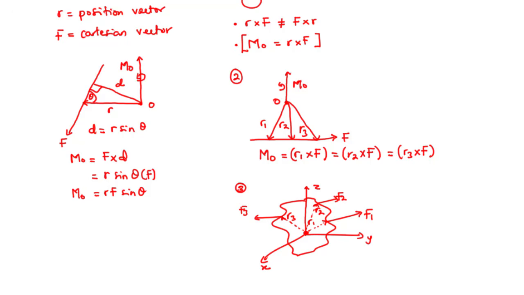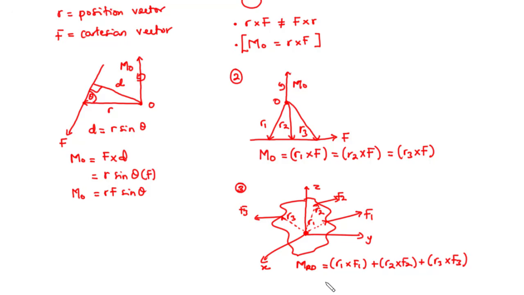Now, if you want to find the resultant moment acting on this body, then we say that the resultant moment is equal to the vector addition of the moment of each of the forces. And so we have the cross product of R1 and then F1 plus the cross product of R2 and then F2 plus the cross product of R3 and then F3.